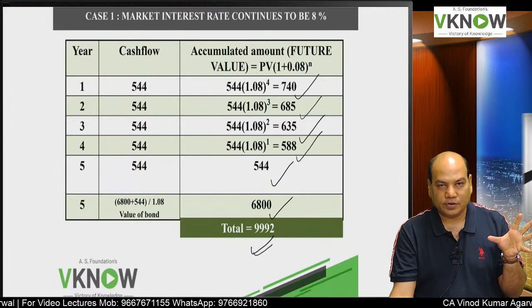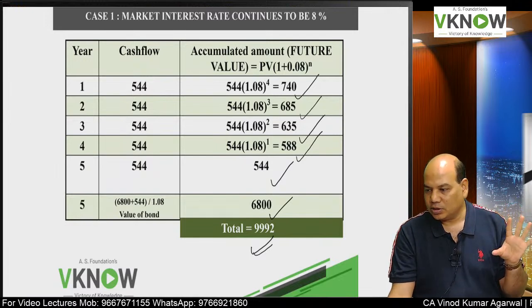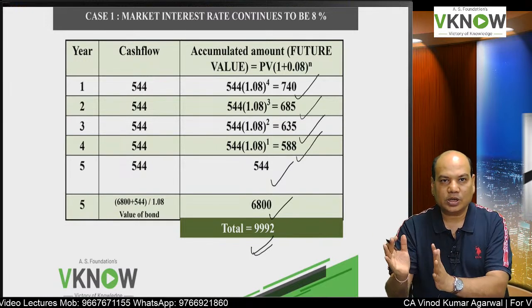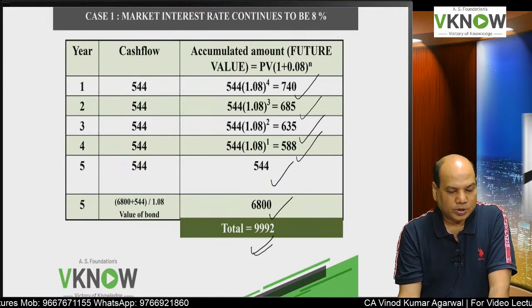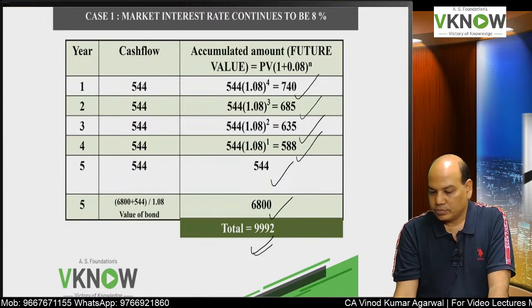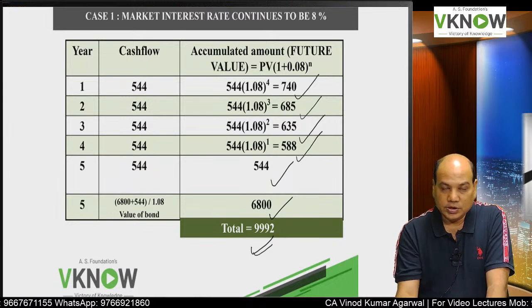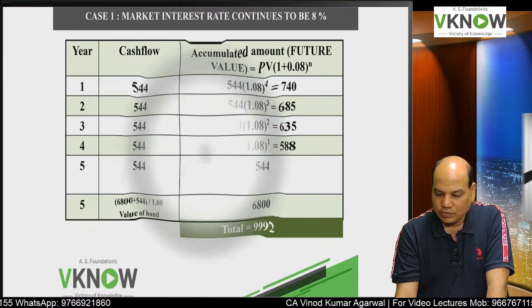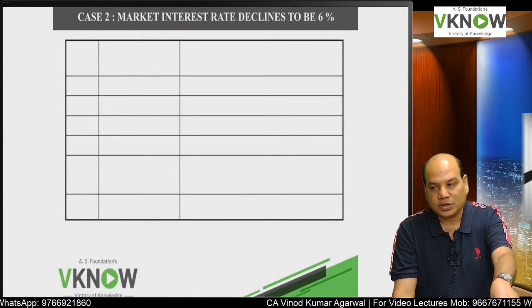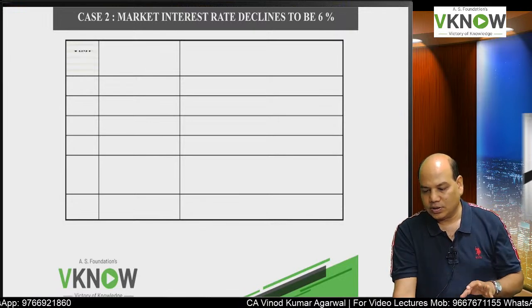So there is no major difference. I have to pay 10,000 and the amount I have accumulated is 9992. So almost equal. So the 8 rupee difference, ignore. But the interesting part will be the next two calculations, where the interest rate will fall to 6% and rise to 10%. Same format.